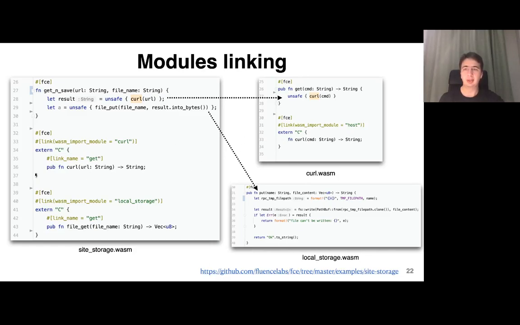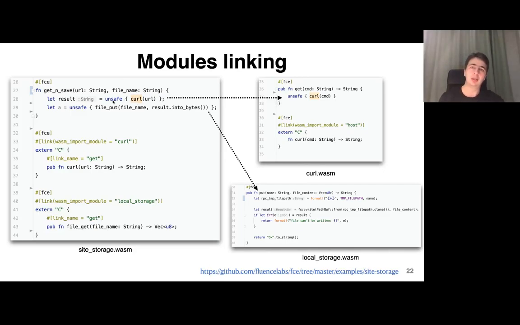The only thing you need to do is wrap your foreign mod declaration, the extern block, with our procedural macro, FCE. In this block, you can use all types that are currently supported by our SDK: strings, vectors, and so on. I will show you later.